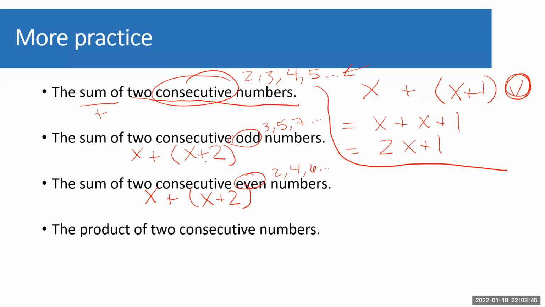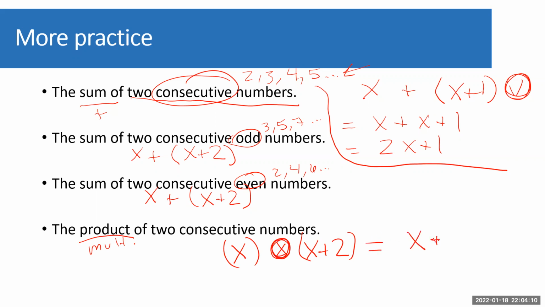Now the product of two consecutive numbers, where sum is telling us to add, product is telling us that we need to multiply. We still have those two consecutive numbers. We have x and we have x plus 2, but now we're multiplying them. Be careful here because this is not the variable, this is times.